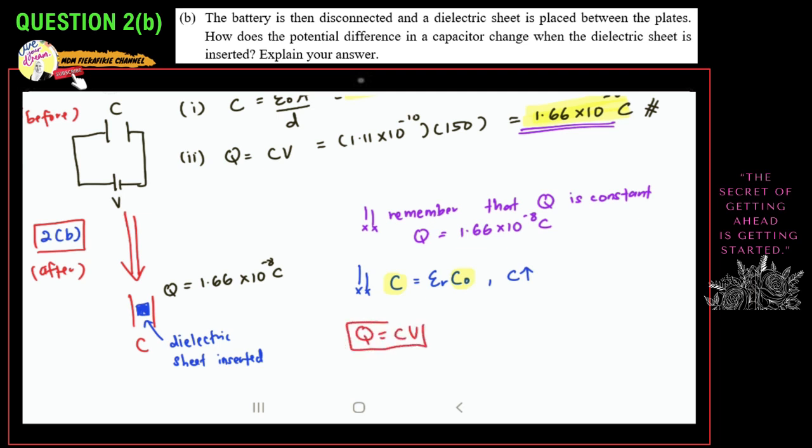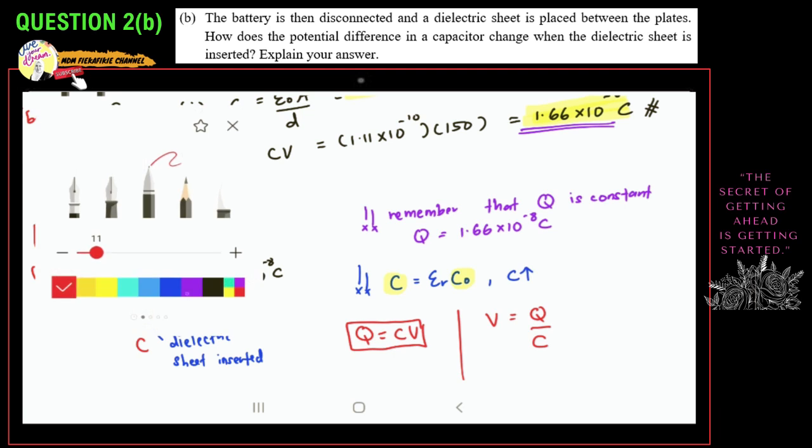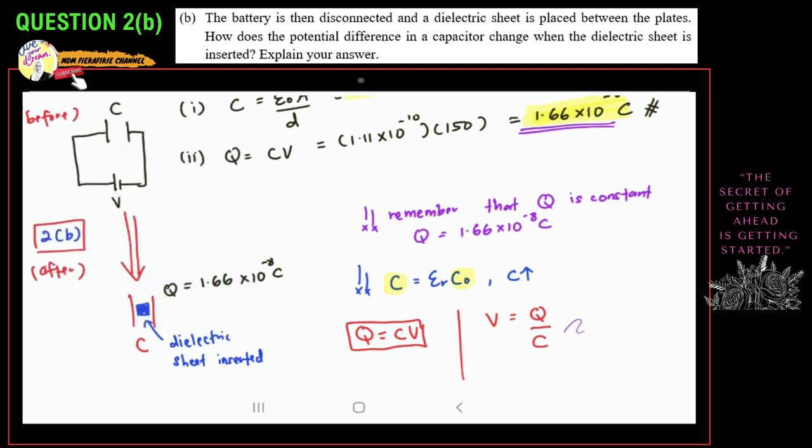Remember, Q is equal to CV and V is equal to Q over C. When we insert the dielectric material, C automatically increases where Q is constant. Remember Q is constant. What happens to the potential difference in the capacitor? The potential difference should decrease. So write it down: V will decrease.